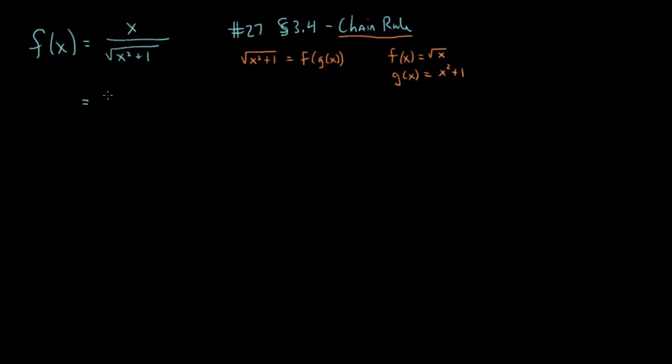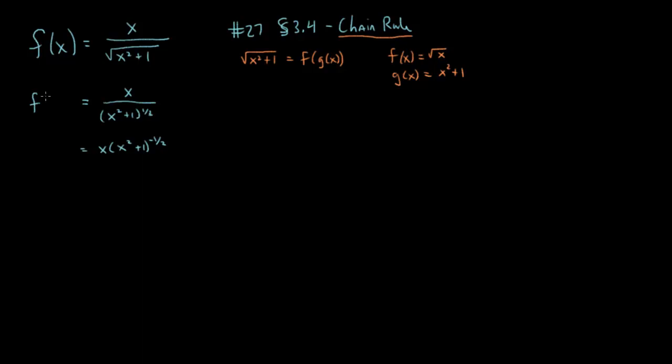You could rewrite this as x divided by x squared plus 1, first of all, to the 1/2 power. The square root in radical notation is equal to the 1/2 power in exponential notation. But then we could say this is equal to x times x squared plus 1 to the negative 1/2 power.